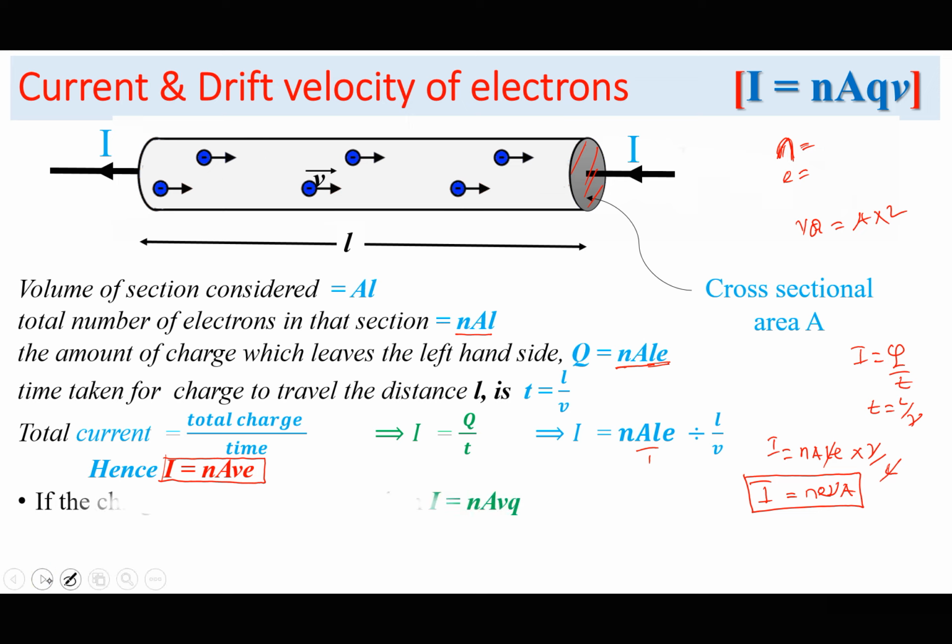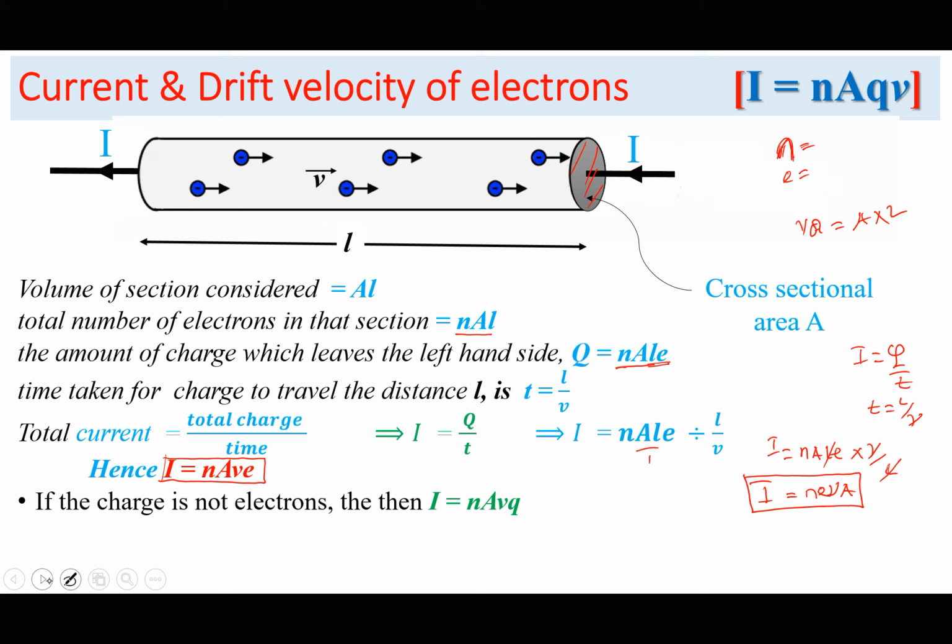Sometimes the charge carriers will not be electrons, and if the charge carriers are not electrons, then I will be quoted as NAVq, where Q in general is going to be the charge of the charge carrier in that case.